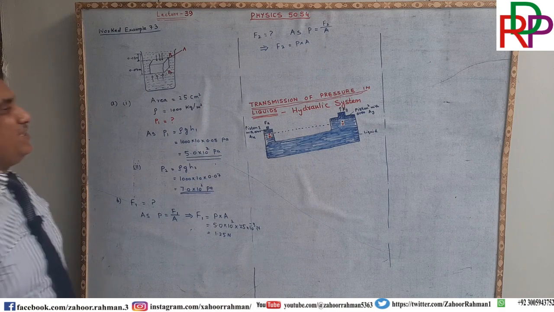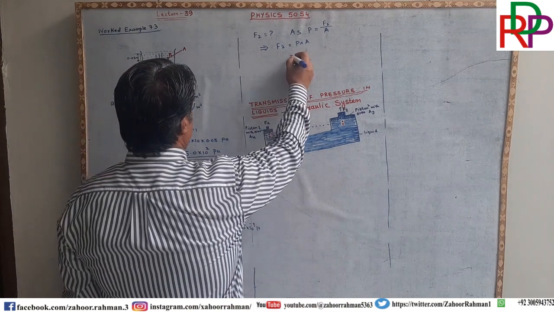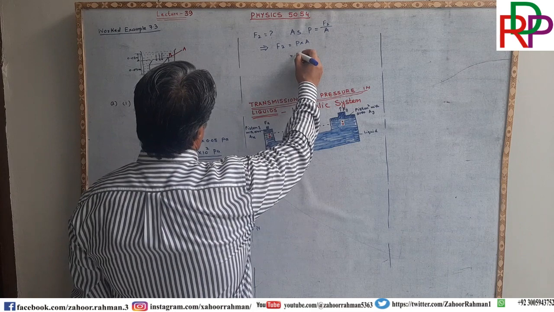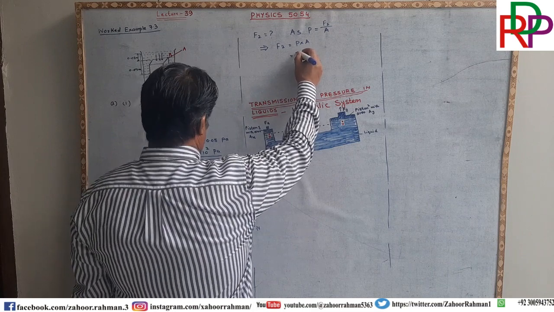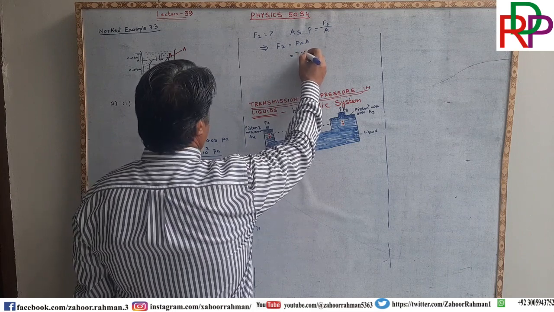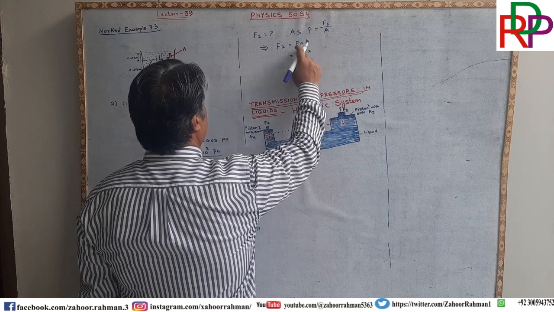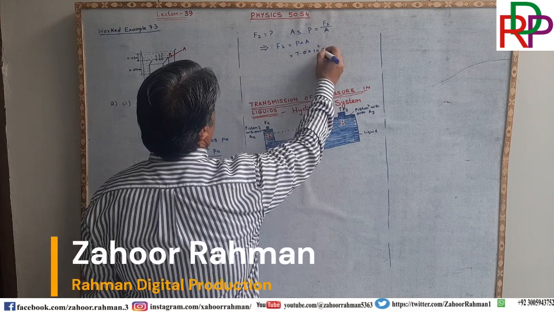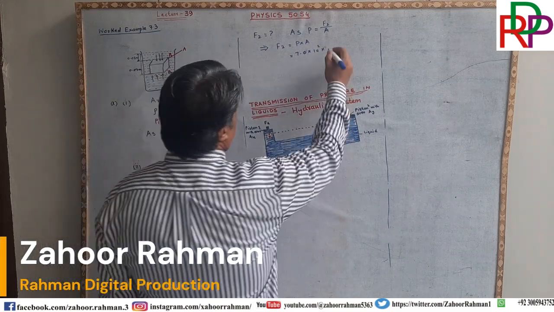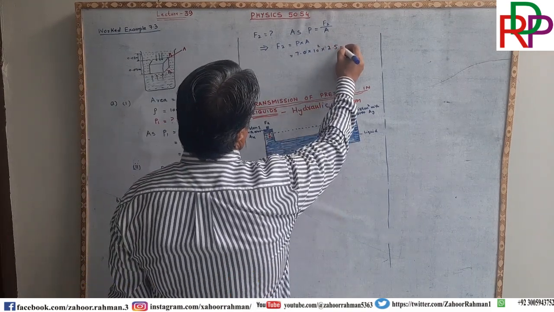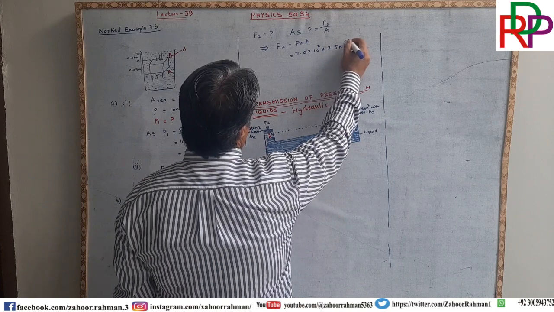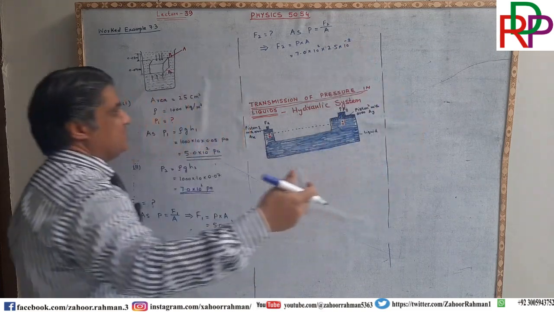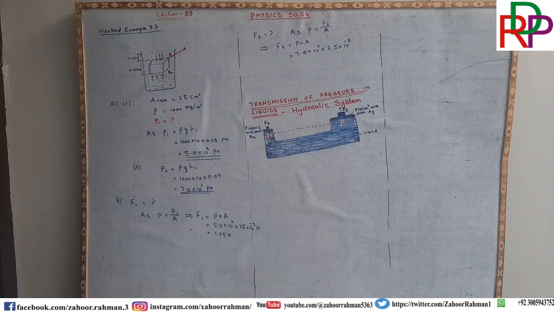So pressure again is given as 7.0 into 10 raised to the power 2, and again 2.5 into 10 raised to the power minus 3. It is centimeter, so we are converting it into meter, and that is 25 when it becomes 2.5.